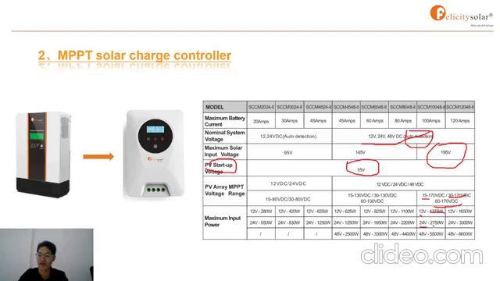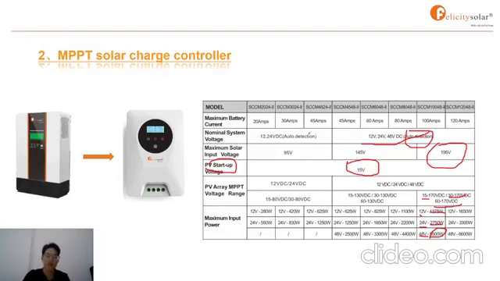For the 24, the data will double, and then for the 48, the data will double again. So the maximum power will be 5,500 watt. So that's the MPPT solar charge controller. That's the basic data of them.